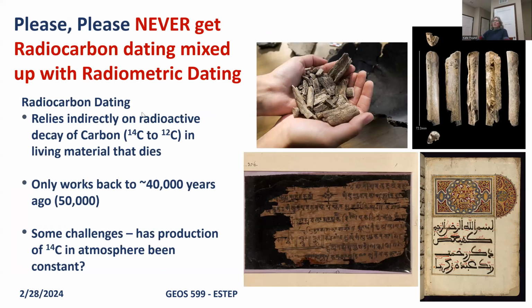So I mentioned earlier, never get radiocarbon dating mixed up with radiometric dating. Radiocarbon dating relies only indirectly on any radioactive decay of carbon, and that happens in living material when it dies.